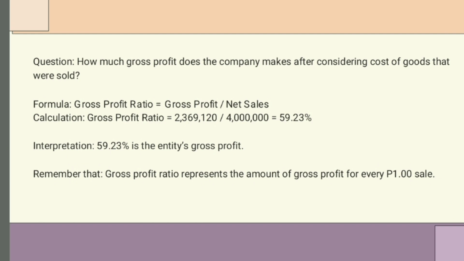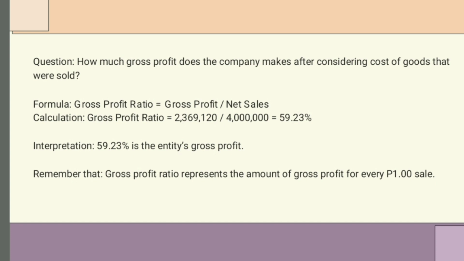So, our formula is gross profit ratio is equal to gross profit over net sales. So, for 2020, gross profit is 2,369,120 divided by 4 million.